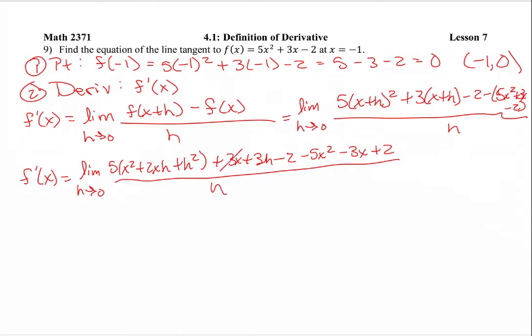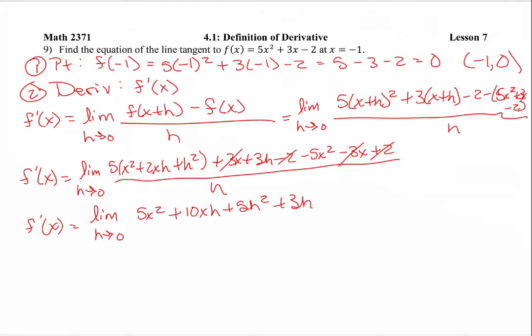I'm going to go ahead and cancel the 3x and the minus 3x and the plus 2 and the minus 2. So f prime of x equals the limit as h goes to 0 of 5x squared plus 10xh plus 5h squared plus 3h minus 5x squared all over h. So my 5x squareds cancel. Now I'm going to factor out an h.